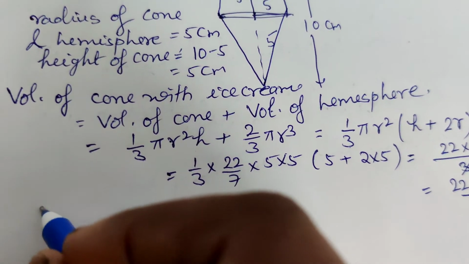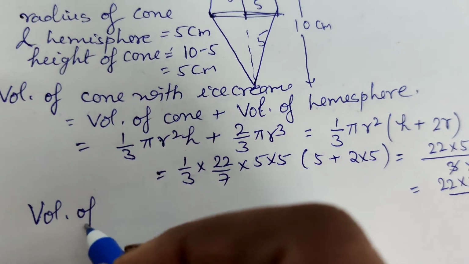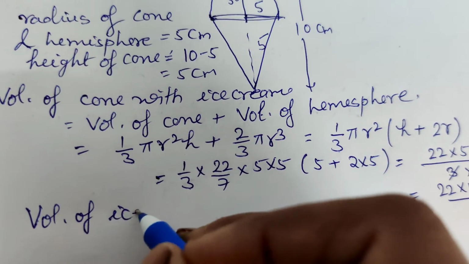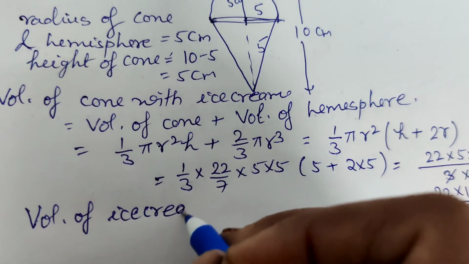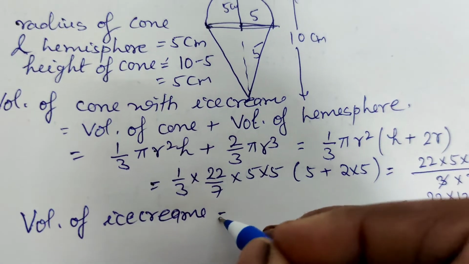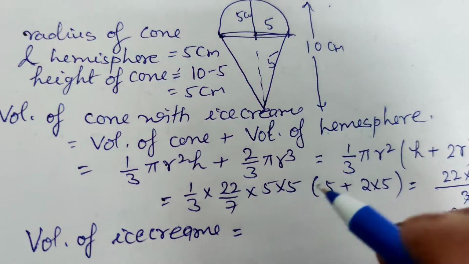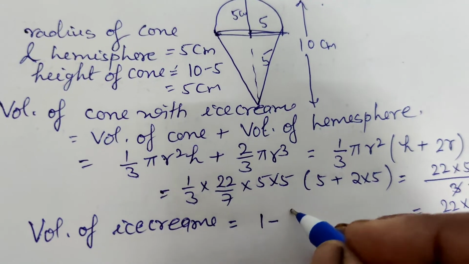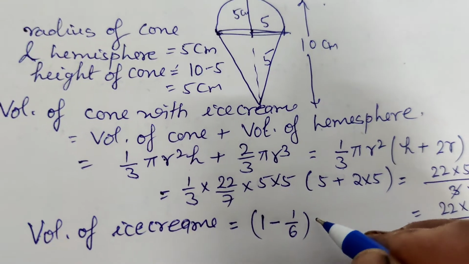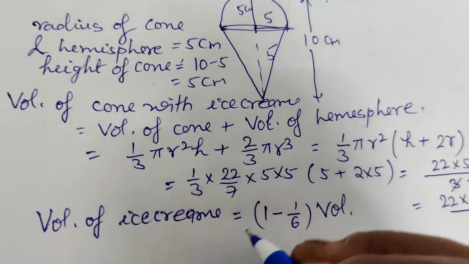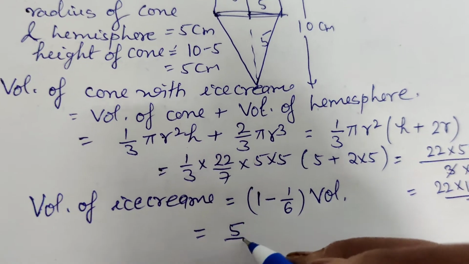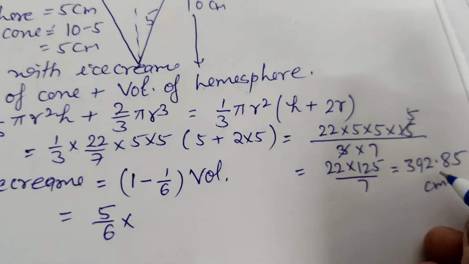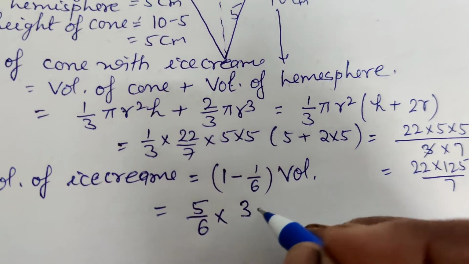Okay. The volume of ice cream equal to, 1/6 is left. It means 1 minus 1/6 of the total volume. It means 5/6 of the total volume, which is 392.85.